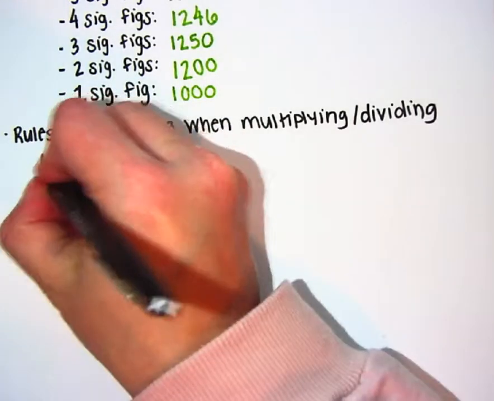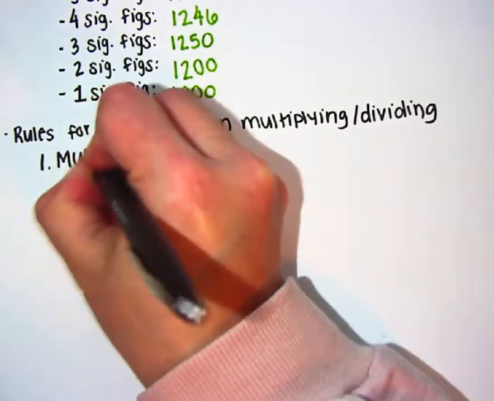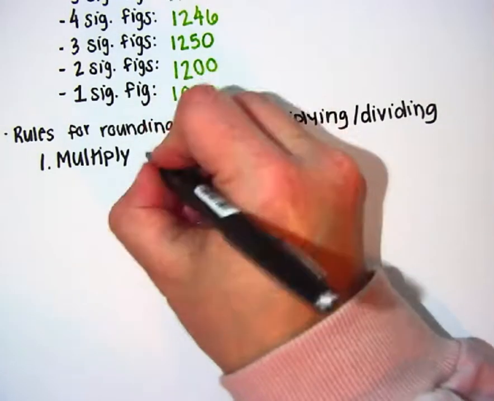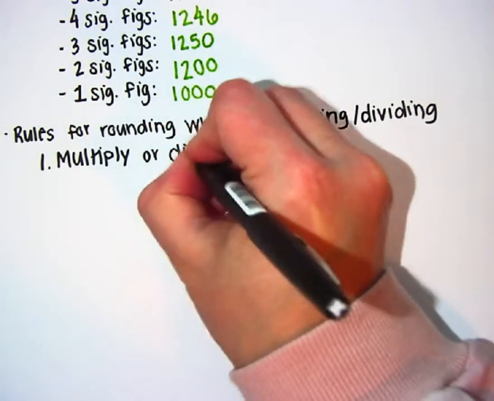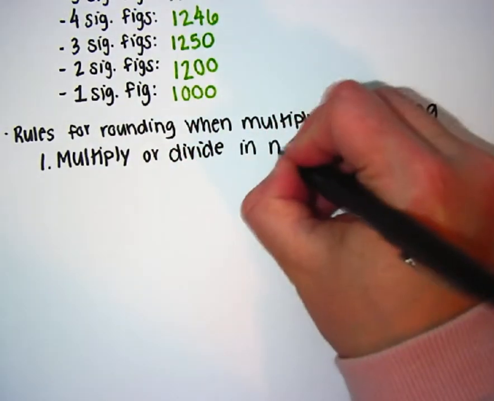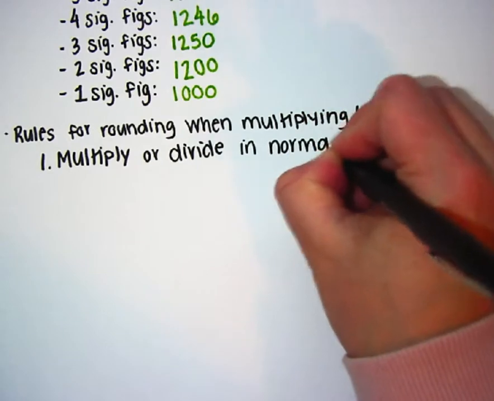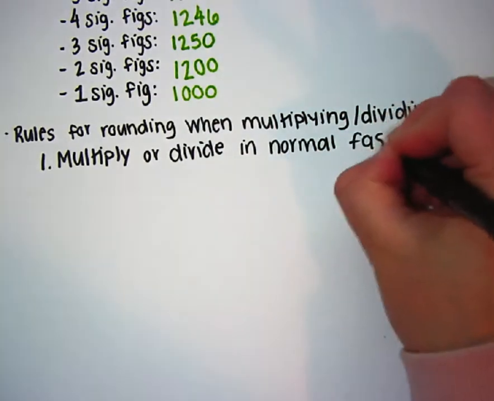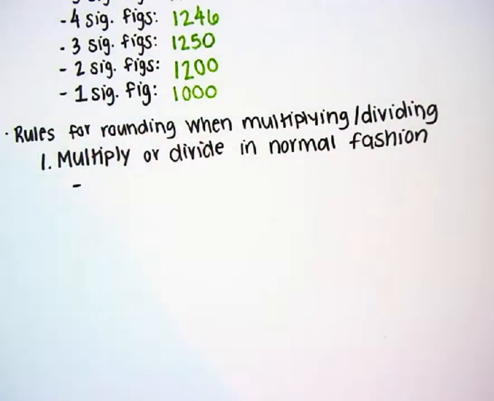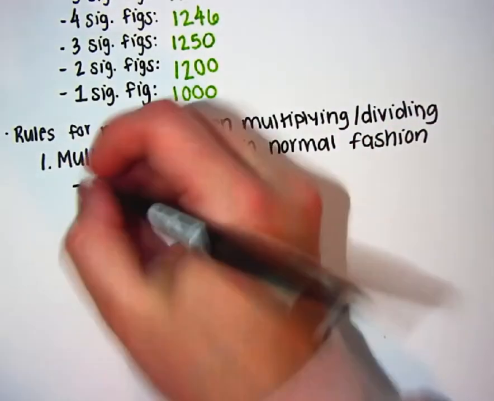So first, we are going to multiply or divide in normal fashion. And what I mean by that is don't round any numbers before your calculation.